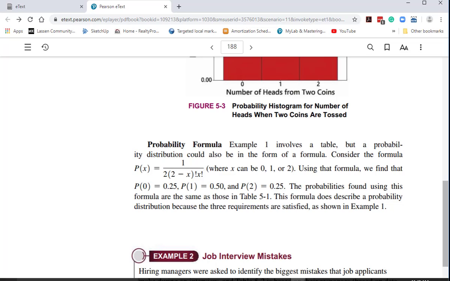This is the equation here. Using the formula, we're going to find p of 0. I'll show you how that works. But p of 0 means that you had no heads show up at all, right? So that means the random variable x took on a value of 0. So now you're going to calculate this with 0 in it, you see?